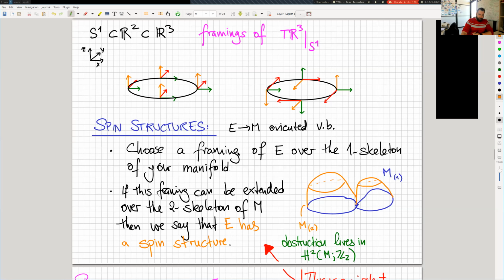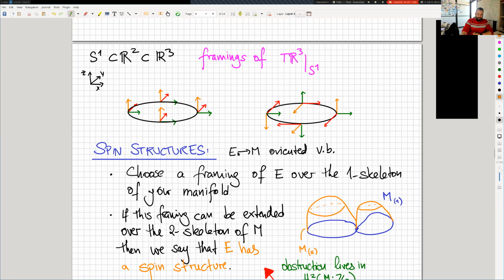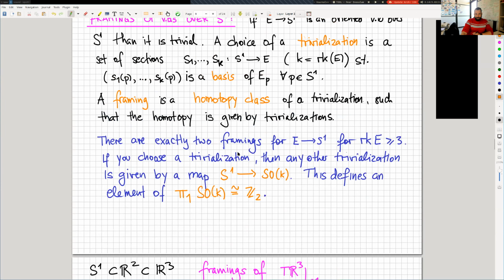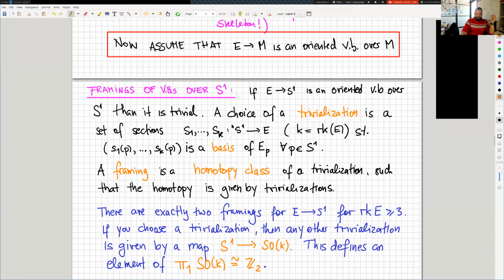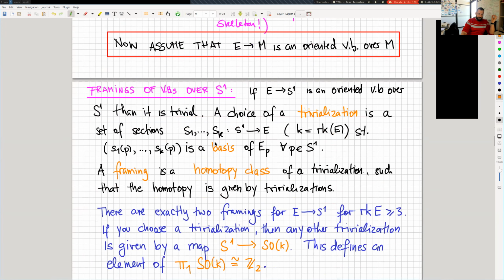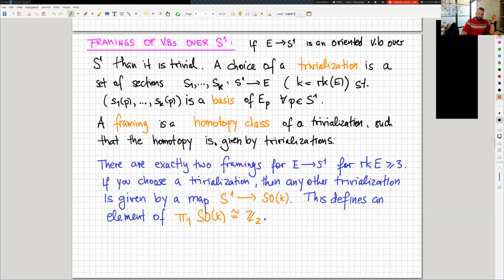So what we did so far: if you have a vector bundle with an orientation over a manifold, then because of the thing I told you, you know that over the one skeleton of your manifold, the bundle must be trivial, because the one skeleton is roughly a union of circles, S1s, and over every S1 the vector bundle is trivial, because it's orientable.